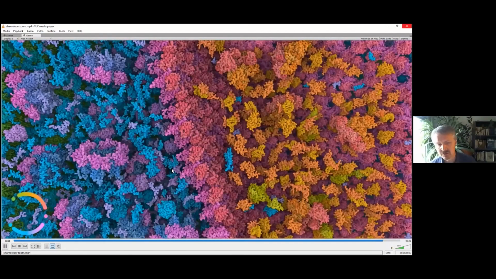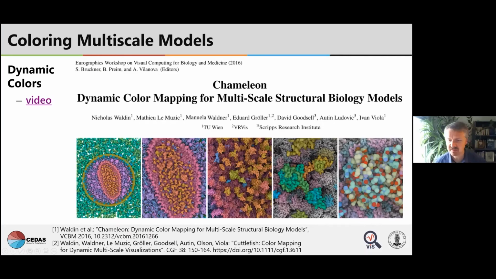If I go back to this slide here, you can see side-by-side images, and you can see that they are able to interpolate the color schemes from such a segmentation type of color scheme to maybe a color scheme that would be expected for the atomic model scale.